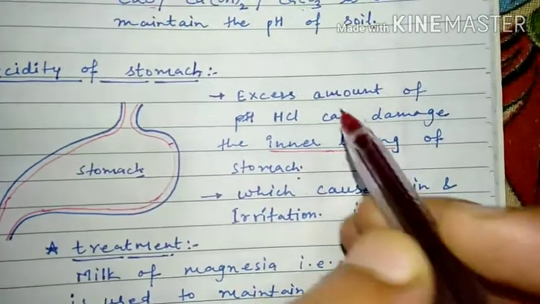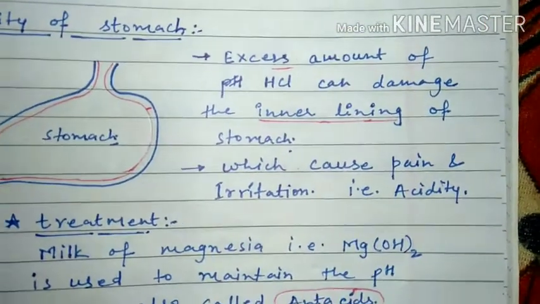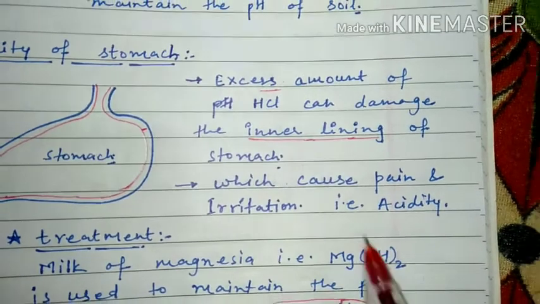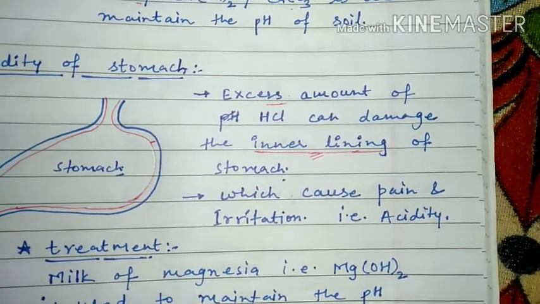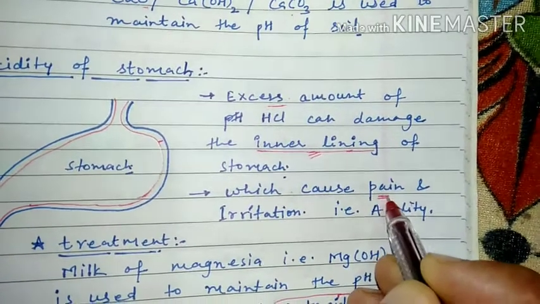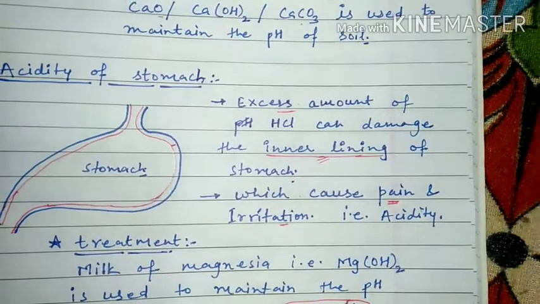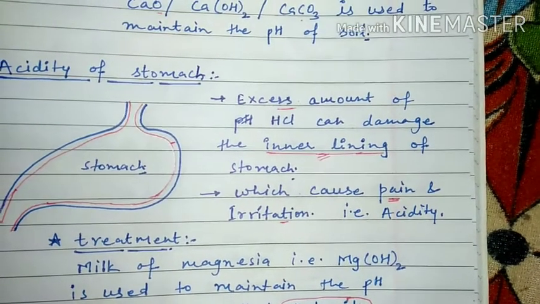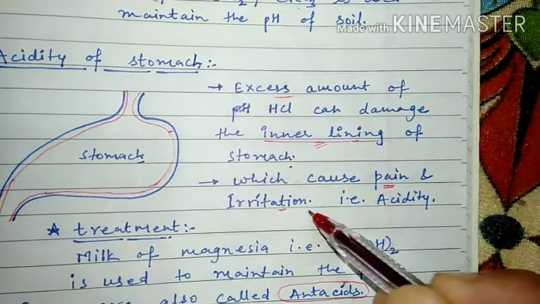But when the amount of HCl increases in our body, what will happen? This HCl can damage the inner lining of the stomach, so we feel pain and irritation. Some kind of ulcer forms in our stomach, which causes the pain and irritation.